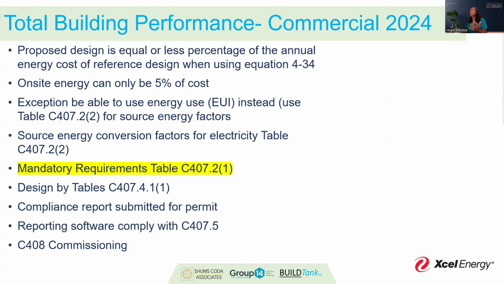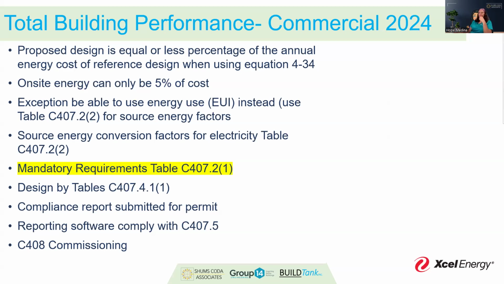We've used it forever and a day. Or you can utilize the exception that allows you to utilize the energy use intensity, with some additional math. So if you like math, this is the pathway for you. I'm just saying.